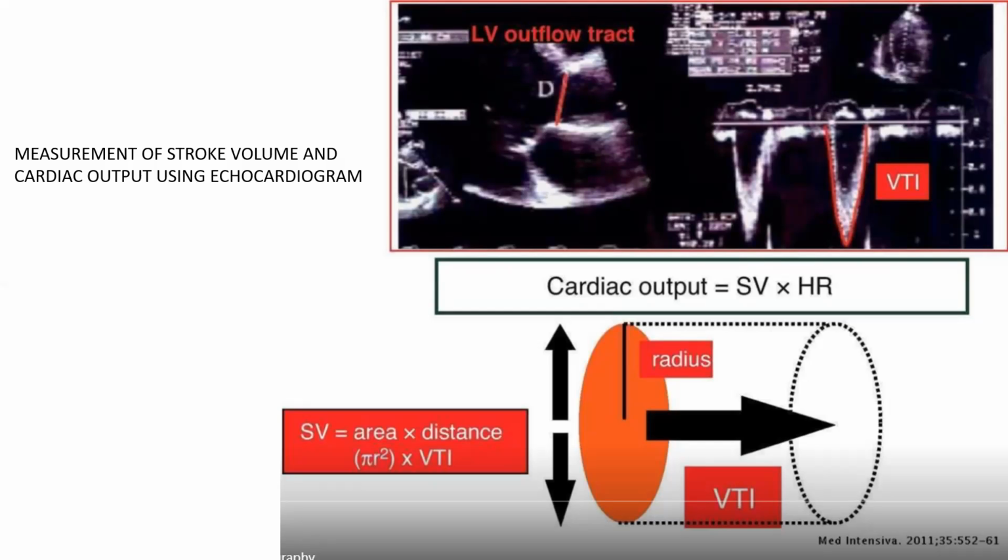Now, velocity time integral is the distance a single blood cell travels in one heartbeat. Okay, velocity time integral is the distance a single blood cell travels in a single heartbeat. So if you have the area here, because you measured that, then you have the VTI, which is the distance the blood flows in one beat.